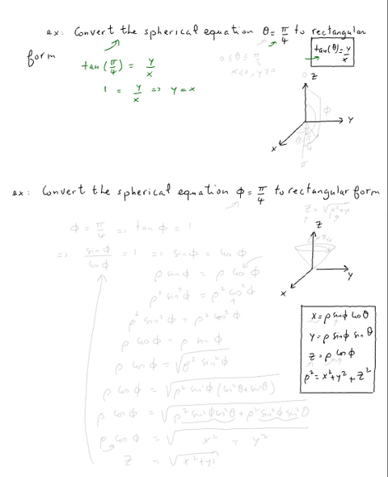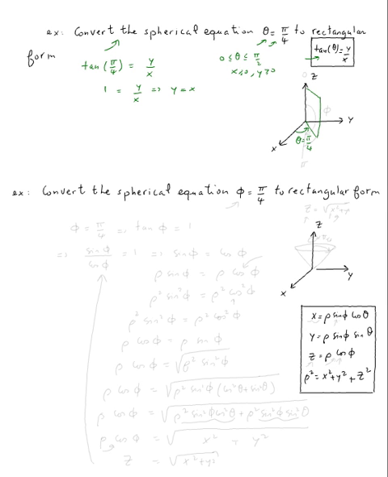Because think about it, theta equals pi over 4, and in this case we're taking theta to be between 0 and pi over 2, which means x is positive and y is positive. So basically this is the plane y equals x, or this is our theta equals pi over 4.